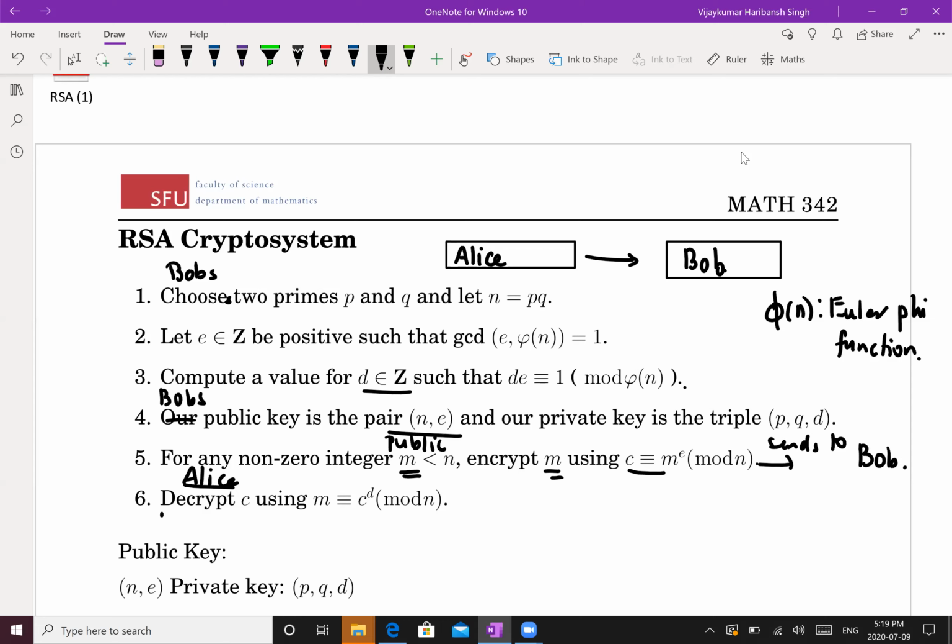And then Bob decrypts c using m equals c to the power d mod n.